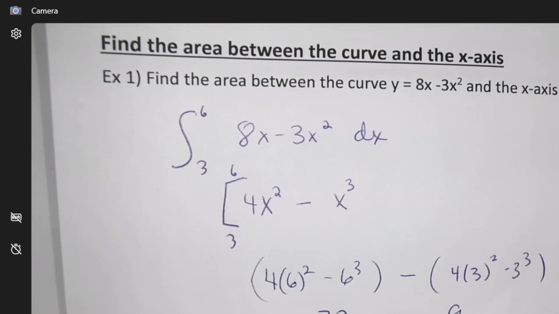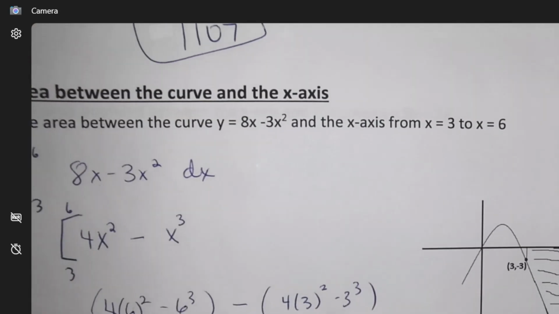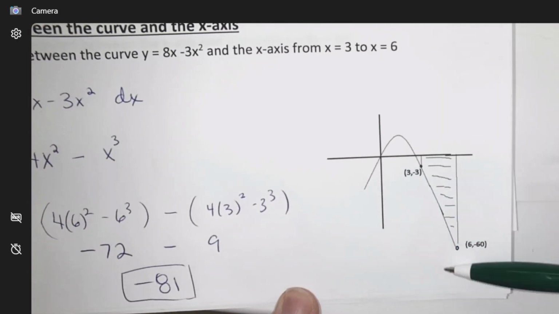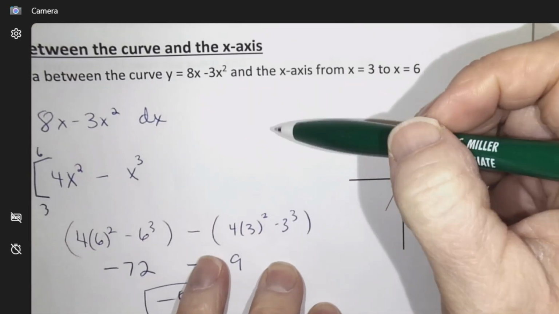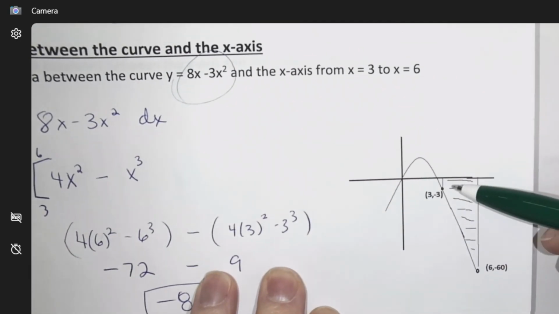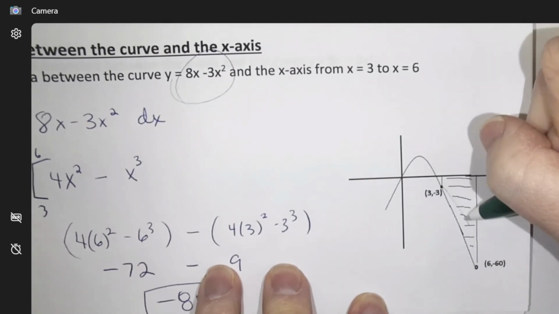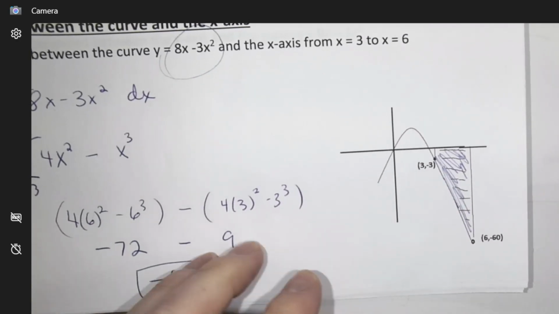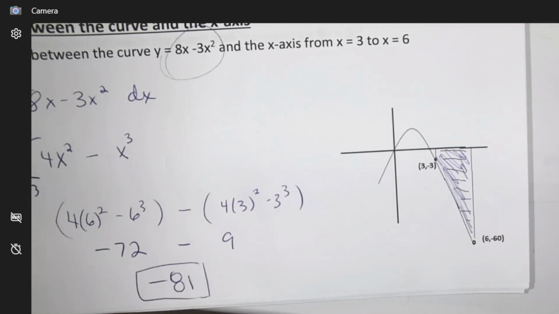Okay, so on this question, I am getting a negative. Here's why I'm getting a negative answer. If I draw you a sketch of what this parabola looks like, this is a parabola. And if I'm talking about from 3 to 6, this is the area that I'm talking about. And that area is located where?